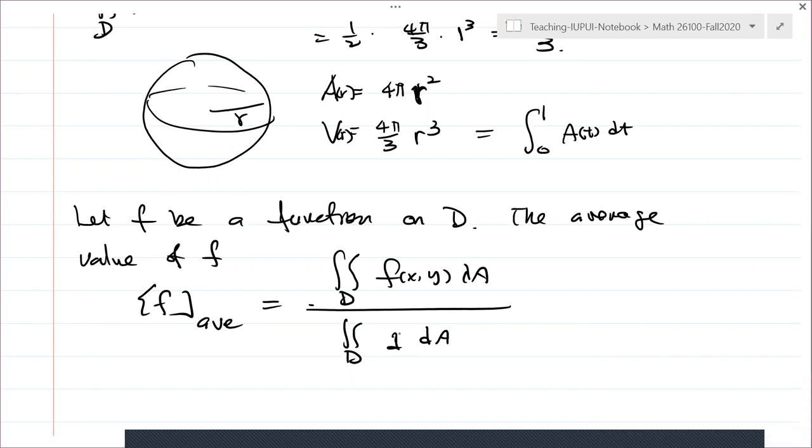Given a function, if you are asked to find the average value, you evaluate the double integral and divide by the area of the region. Sometimes the area of the region is very simple and easy to find. For example, if the region is a disk, we have a formula already. So let's stop here today, and we're going to take a quiz.